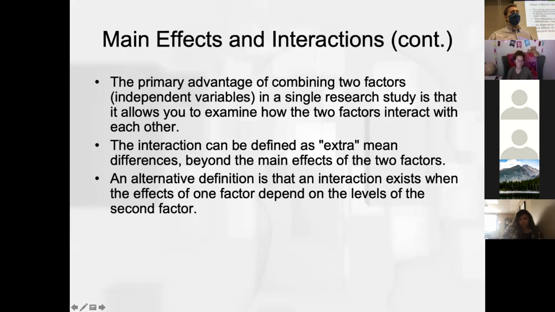So again, like I've already said before, the primary advantage of combining two factors, or two of these independent variables, in a single research study is it allows you to examine how the two factors interact with one another. This interaction can be defined as extra mean differences beyond the main effects of the two factors.